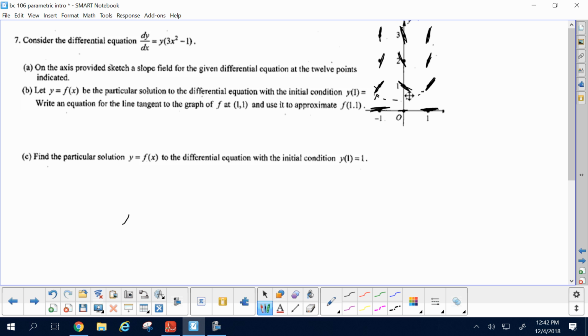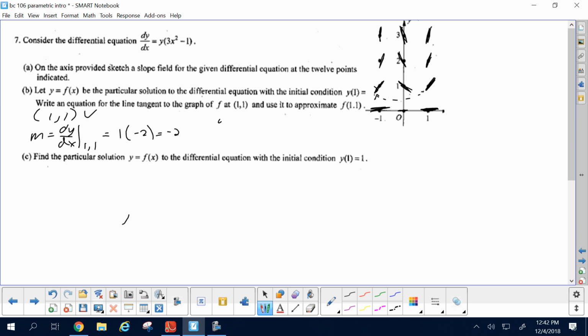B, your point is (1, 1). Your slope. Look at your work, please. Don't be that person that makes me absolutely bonkers. Do you need to integrate this first to find the tangent line? You don't. You have a point. The slope is the derivative, which you already know. At (1, 1), you're looking at 1 times, what, -2?